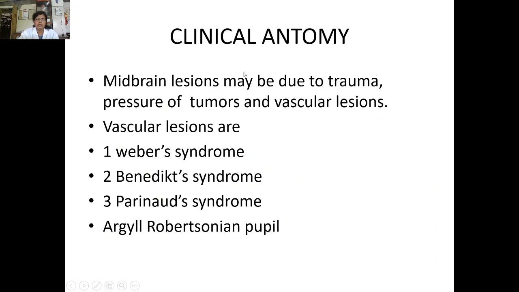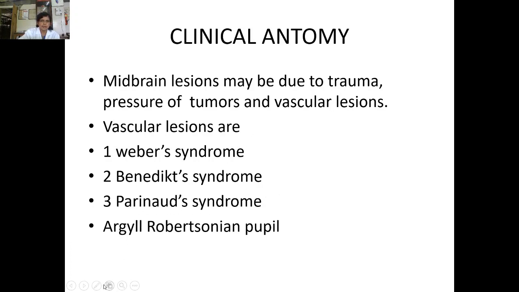Then we will see the clinical anatomy. Lesions of the midbrain are mainly due to trauma, pressure from tumors and vascular lesions, meaning occlusion of the arteries supplying the midbrain, that lead to syndromes: Weber's syndrome, Benedikt syndrome and Parinaud's syndrome.